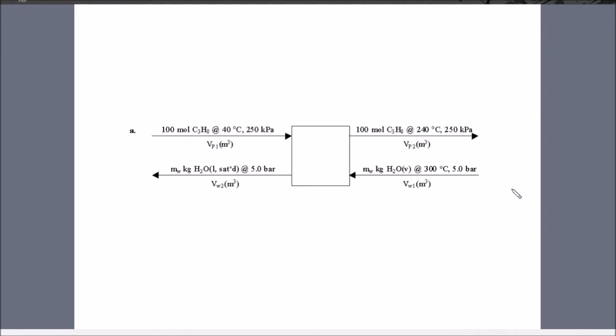Now, this is the final answer for question A. So what is going on here? What's going on here is that you've got your 100 moles of propane at a low temperature of 40 degrees, and it's coming into this heat exchanger, and it's meeting up with this water that's coming in.